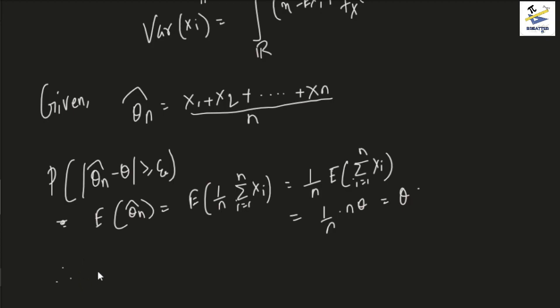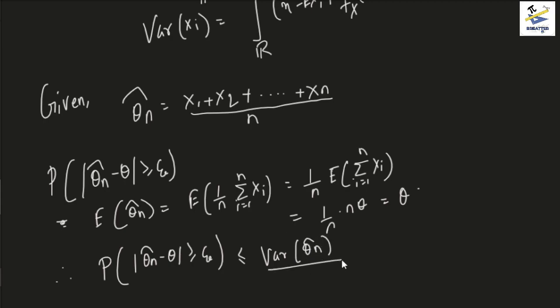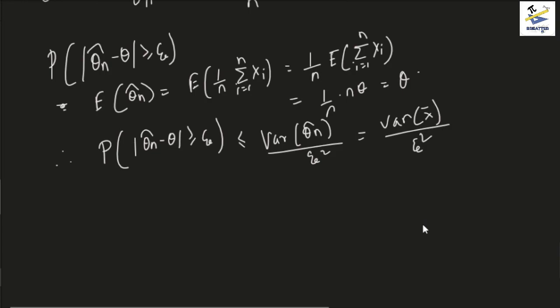Therefore using Chebyshev's inequality we have that it is less than or equal to variance of theta n by epsilon squared, and now variance of theta n is basically variance of x bar. Now what is variance of x bar?